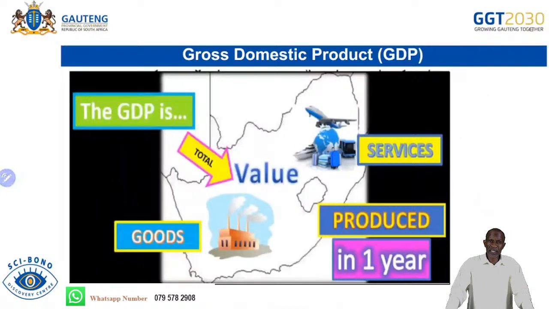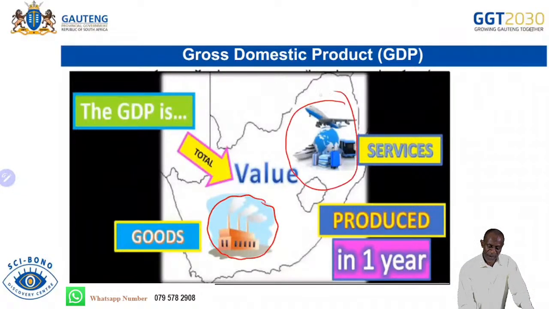The gross domestic product, as illustrated here, we said the GDP is the total value of goods. This is an industrial site. They are manufacturing goods. And here are examples of services.